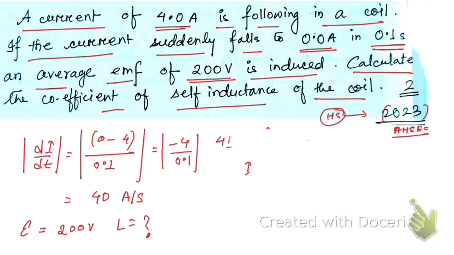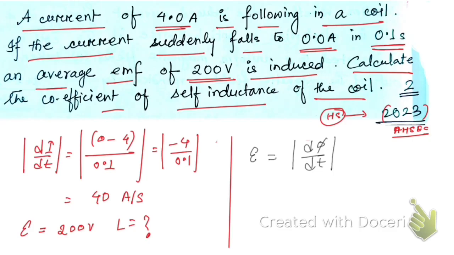So now let me clean this. How to solve this? We know that EMF, its magnitude, is given by d phi by dt, the rate of change of flux.